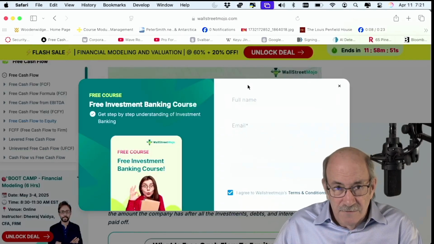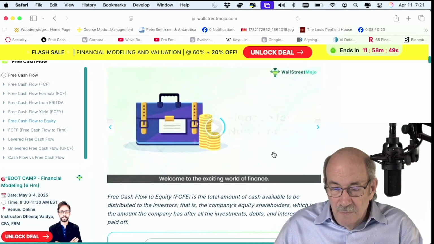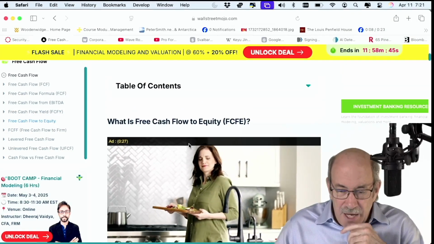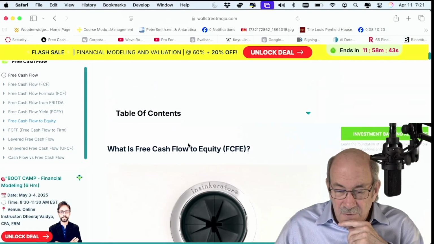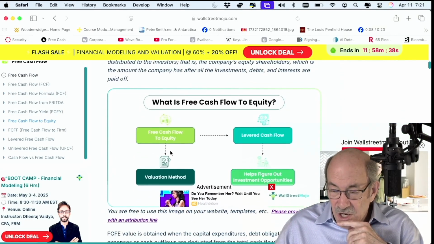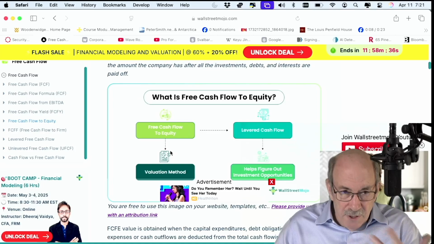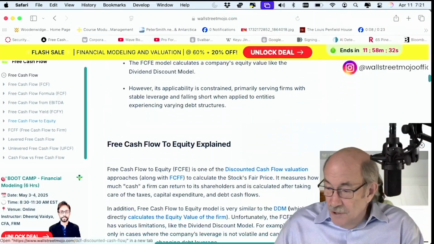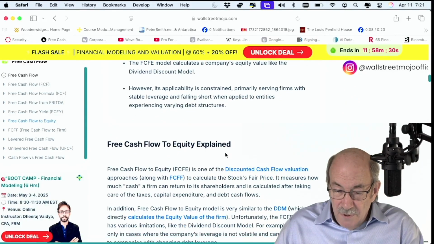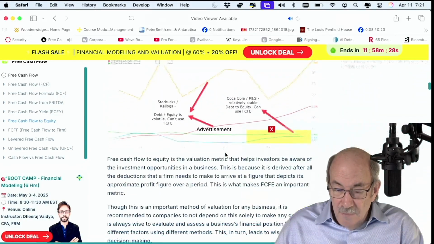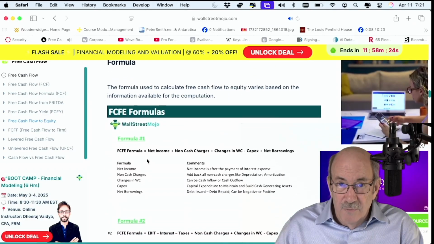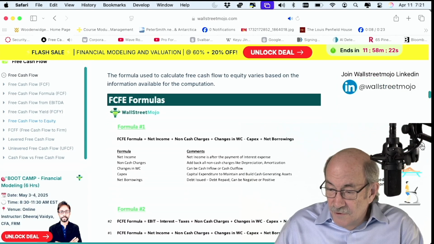A lot of it is free, and this particular page I'm showing you right here is free. A lot of ads and pop-ups, but it's otherwise good. So what is free cash flow to equity? And then they talk a little bit about the overview of what free cash flow to equity is. The really nice stuff, though, let me try to get rid of this pop-up, is that they'll come down here and they'll start to show you the actual formula that you're going to use for that.